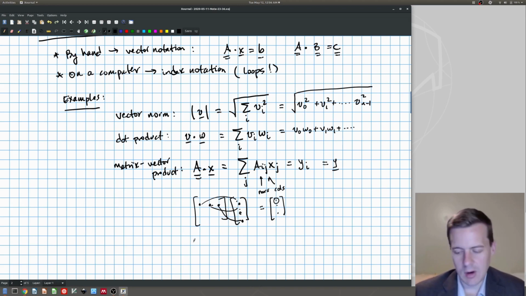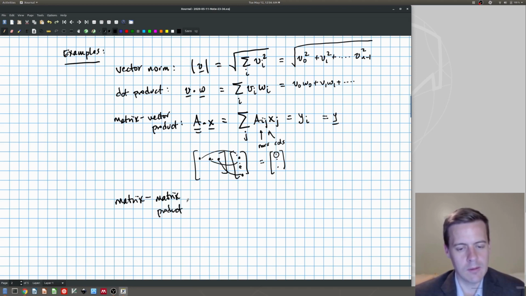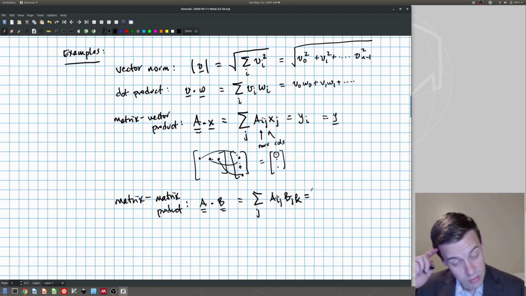The last one I'm going to write down will be the matrix product. Now I have A dot B. This is going to be the sum over j of A i j, B j k.